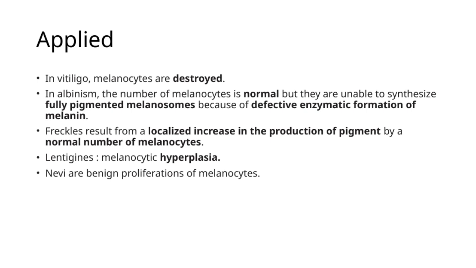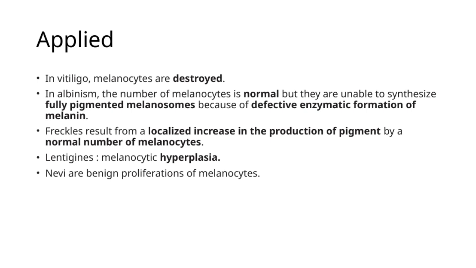Now, moving on to freckles, these are a bit different. Freckles occur when a normal number of melanocytes produce more pigment in certain localized areas, leading to those small, pigmented spots. Then we have lentigines, which are actually a form of melanocytic hyperplasia, meaning an increase in the number of melanocytes, resulting in darker patches that are more pronounced than freckles.